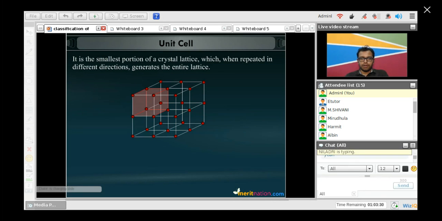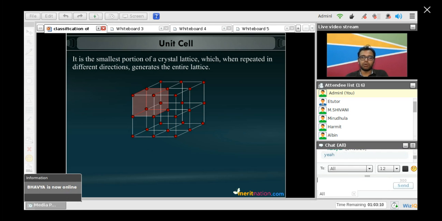Okay. Now what is a unit cell? A unit cell is the smallest portion of the crystal lattice which when repeated in different directions generates the entire lattice, that is, the entire crystal. So this is the unit cell. If you repeat the unit cell in different directions, you will obtain the whole crystal. This is the definition of a unit cell.